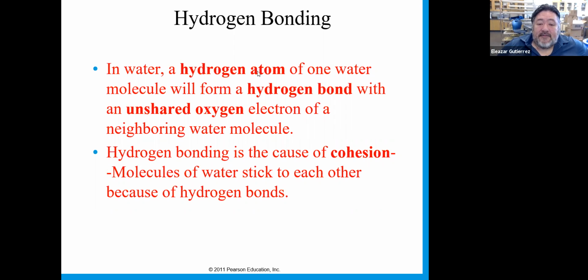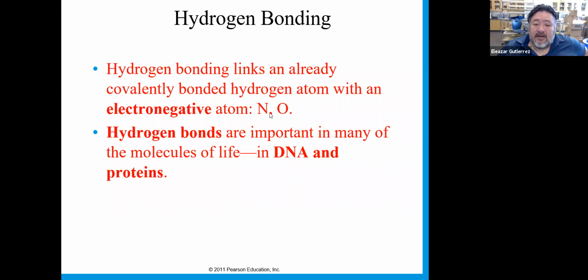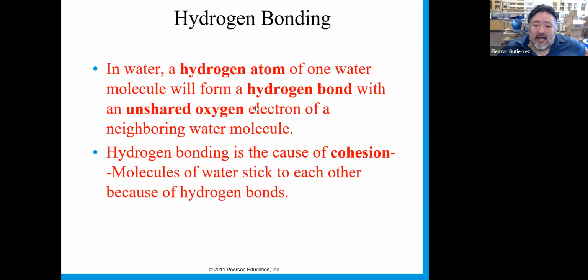Okay, a hydrogen bond typically has to do with the hydrogen of one molecule and the oxygen of another molecule. Okay, or the hydrogen of one molecule and the nitrogen of a neighboring molecule.